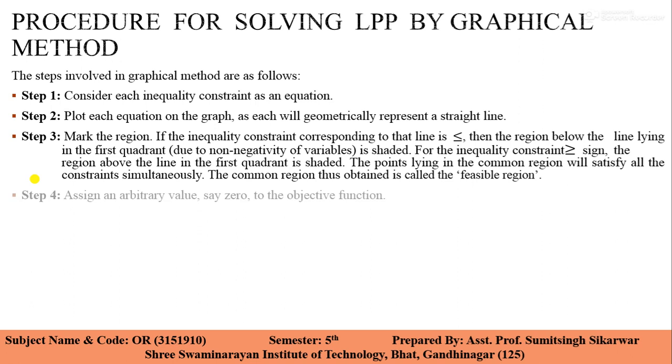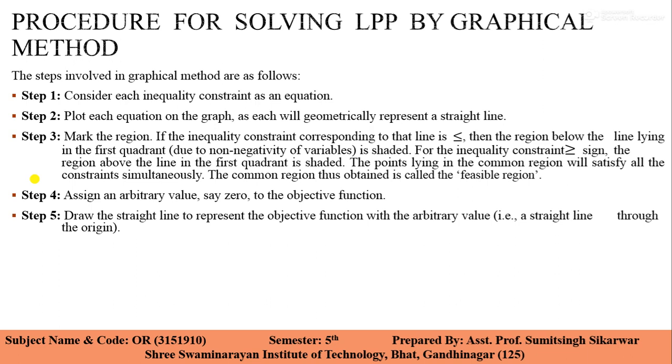Next step is to assign an arbitrary value, say 0, to the objective function so that we are able to calculate the different points on the line. In step 5, we will draw the straight line to represent the objective function with this arbitrary value, such that it is a straight line through the origin.